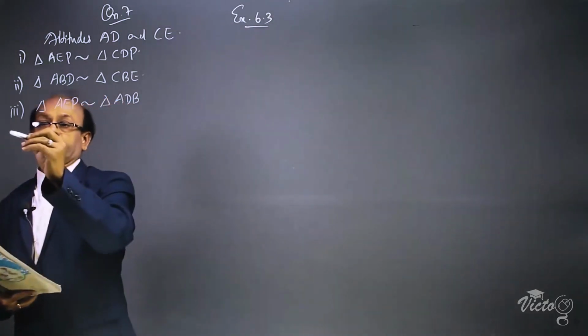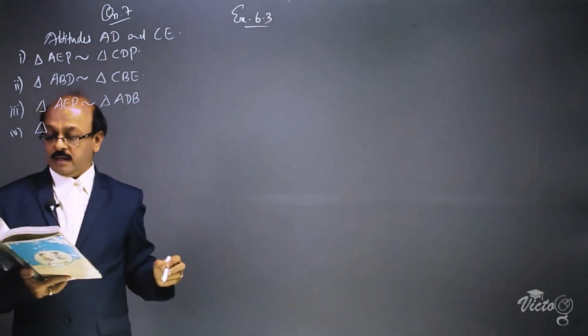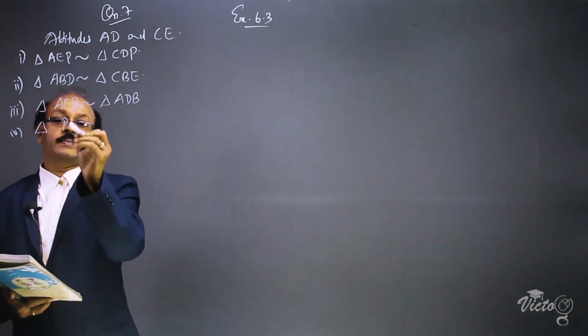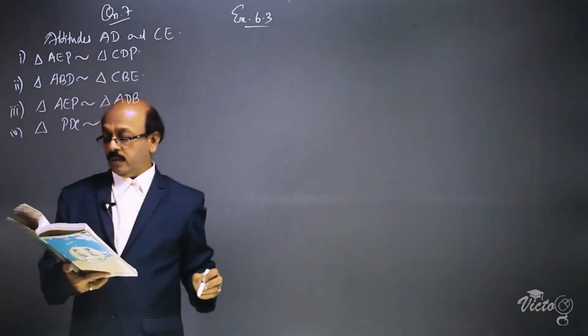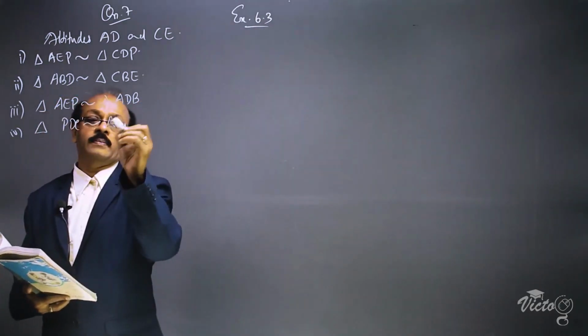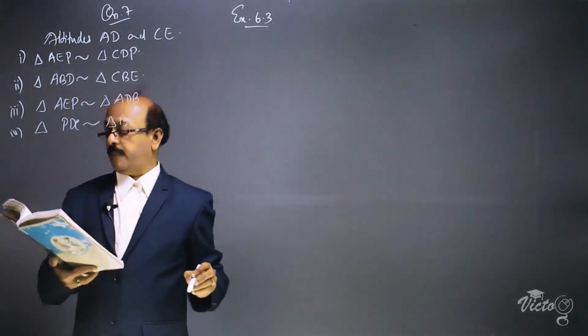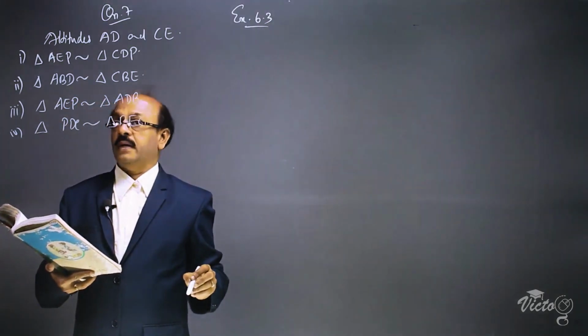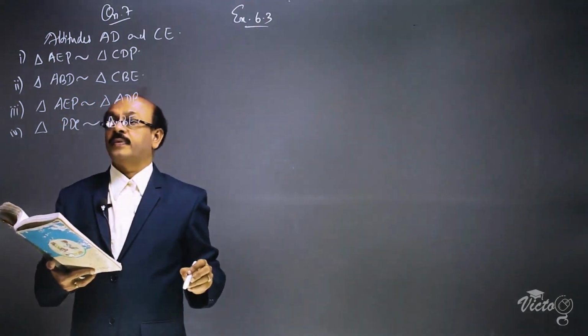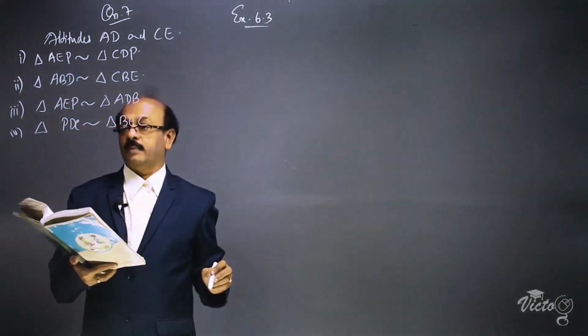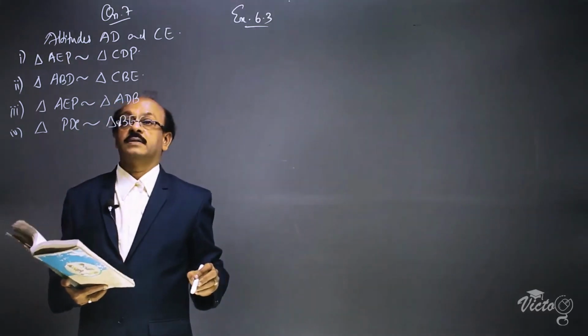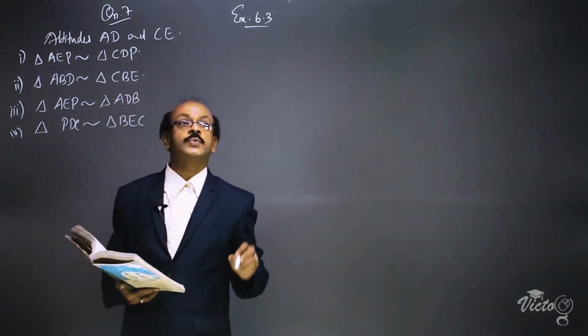Fourth part, triangle PDC is similar to triangle BEC. These are the four parts we have to prove.